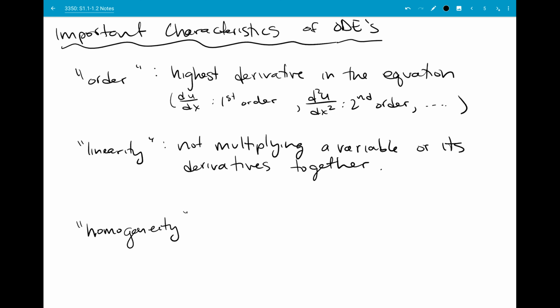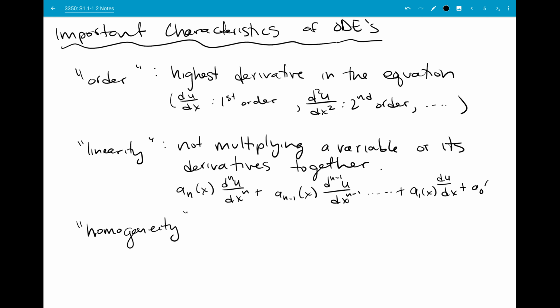So the way that you're going to see this a lot is going to be sort of like having some a sub n of x, we should do that in the fraction notation that I've been doing, times the nth derivative, plus some different function with respect to only x of the next derivative, all the way down to a1 of x du dx plus a0 of x times u. All of that can be equal to some function of x.